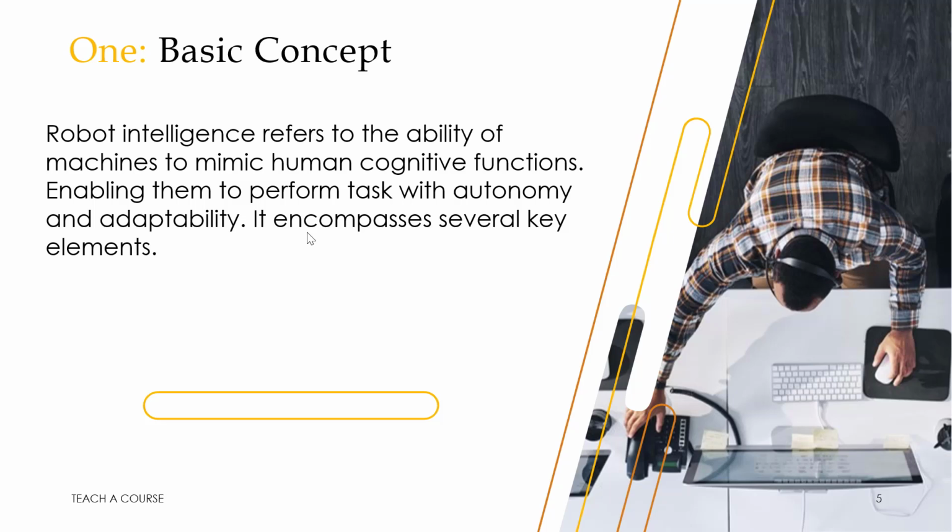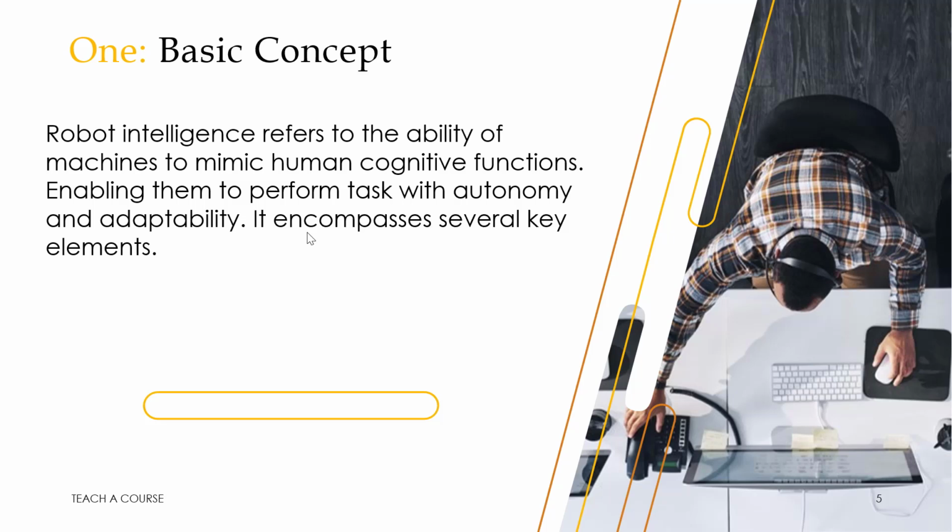Robots can work alongside humans and other robots, sharing tasks and optimizing efficiency. Ethics and safety: programming ensures robots adhere to ethical guidelines and prioritize human safety. And the last key element is continuous improvement. Robots learn from mistakes, refining their performance and making better decisions in the future.